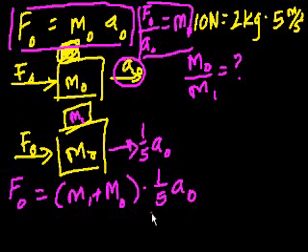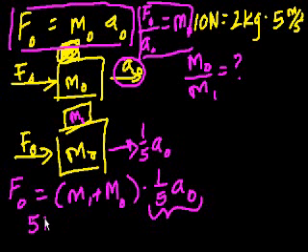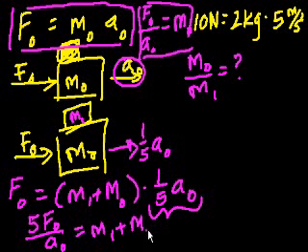And so if we divide both sides by this term right here, we get, dividing by 1/5 is the same thing as multiplying by 5. So you get 5 F sub 0 over a sub 0 is equal to m1 plus m0, right? I just divided both sides by this term right here.